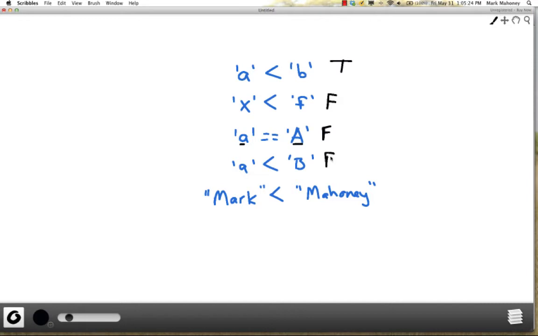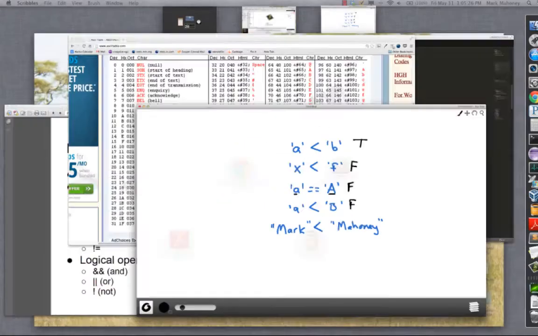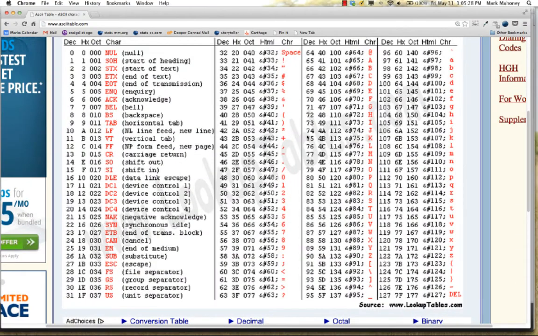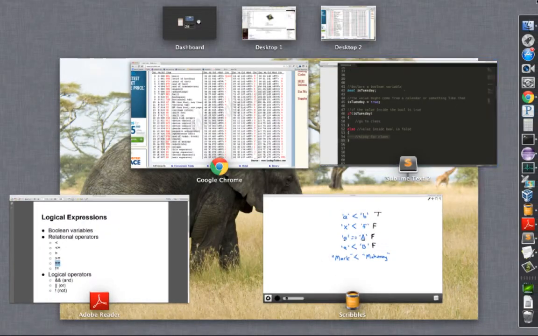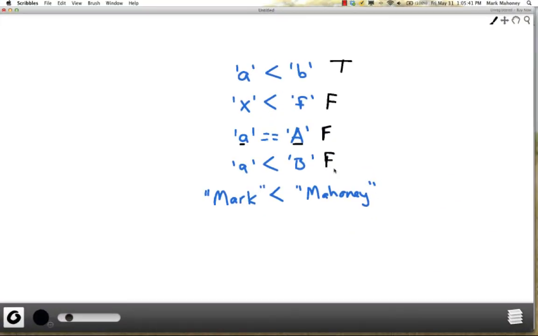That's also false. Why? Because when we're comparing values, it compares the numeric value of the character. Lowercase a was 97, and uppercase B was 66. Is 97 less than 66? Well, no, that's false. So you have to be careful with the case of letters when you're comparing them.